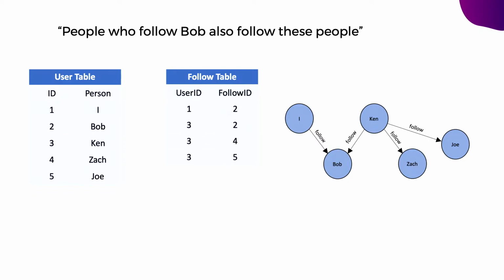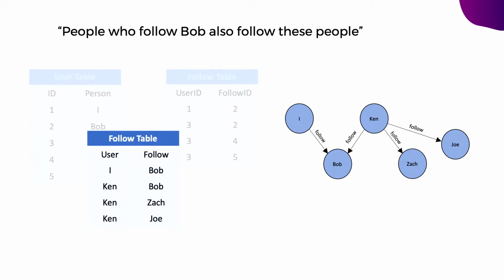But when we put that into a relational database, things get a little bit trickier. First of all, we have to create some tables to store all of the data so we can actually work with it. We have a user table for all the entities and a follow table for all of the relationships. For simplicity, I'll just combine them right now, but that requires some kind of join statement.